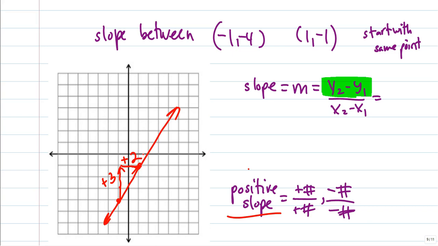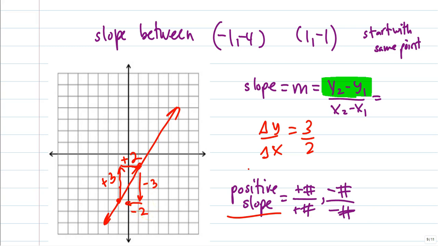Do not make this 2 over 3. It's the y over the x. So the change in y over the change in x, and this is a positive slope. Now some people are like, well wait, what if I went down and left? Well, that would make that a negative 3, and that would make that a negative 2.